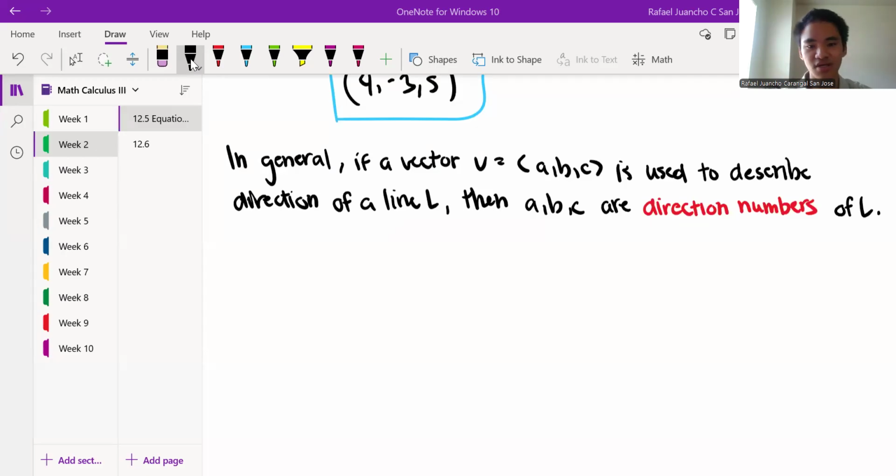They could also be used as a set of direction numbers for L.